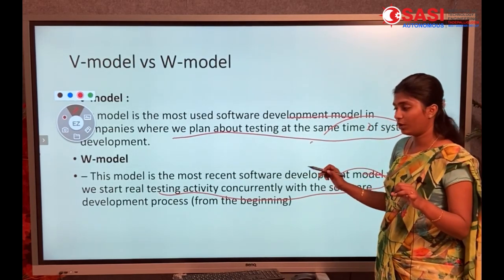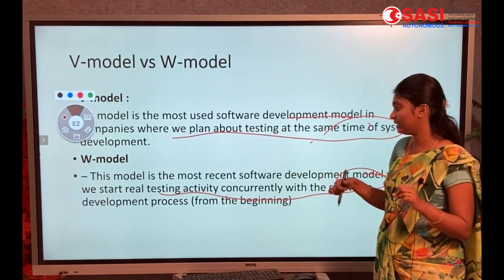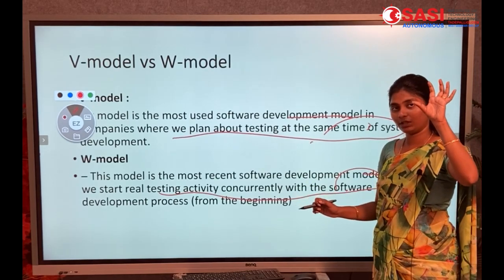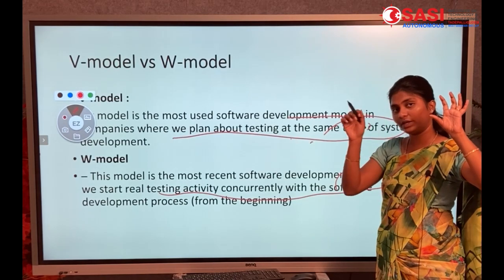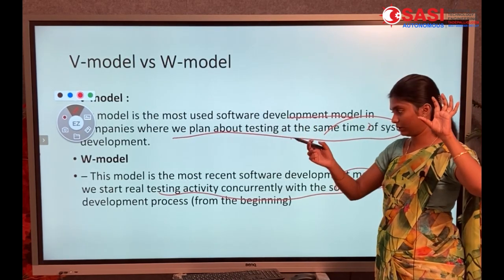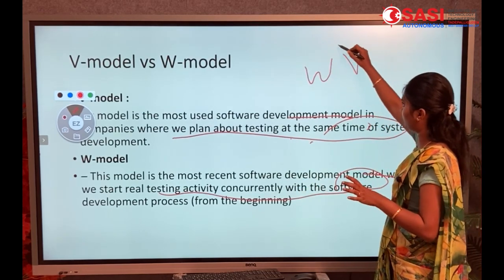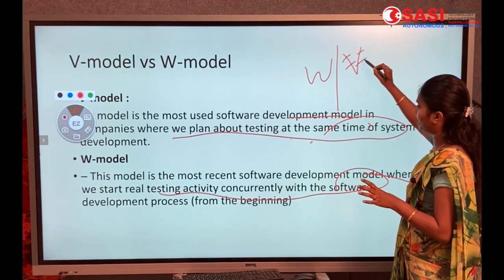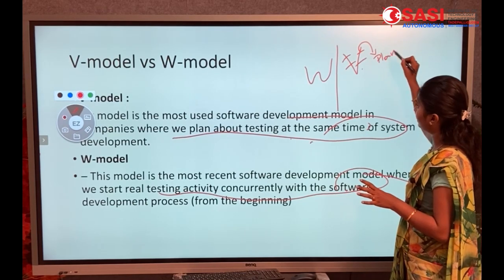Coming to the W model, they plan all the activities in different forms, from the beginning of the process. In the V model, the middle stage can also go along with another model. But the W model is totally different from the V model. In the V model, they access the plan at the same time.